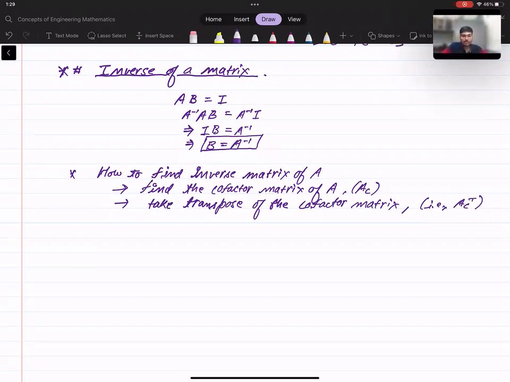And finally, divide the transpose. See, this AC transpose will be nothing but the adjoint of A. Let me erase this part and write it as AC transpose, or we are finding the adjoint of A.